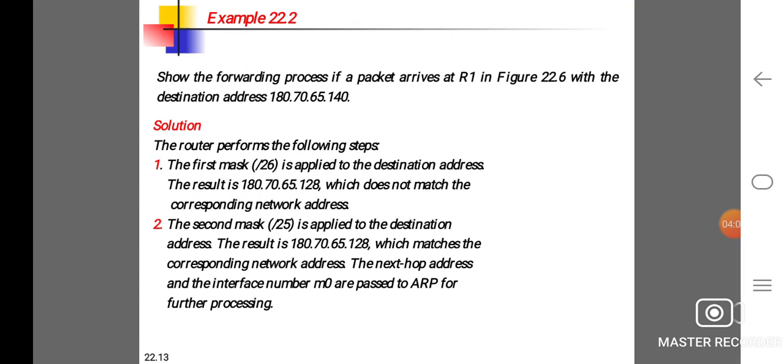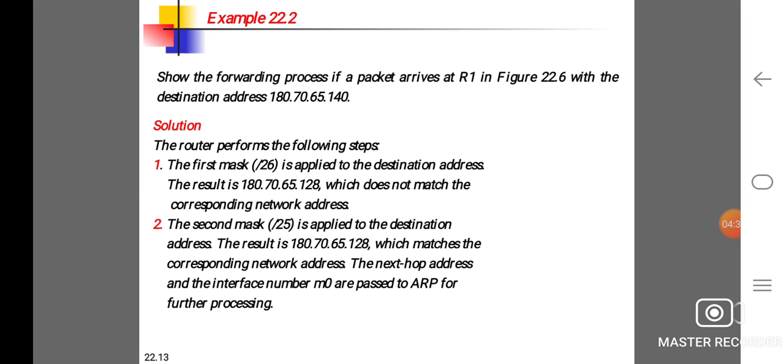Consider the following process. A packet arrives at R1 in figure 22.6 with the destination address 180.70.65.140. The router performs the following steps. The first mask 26 is applied to the destination address.